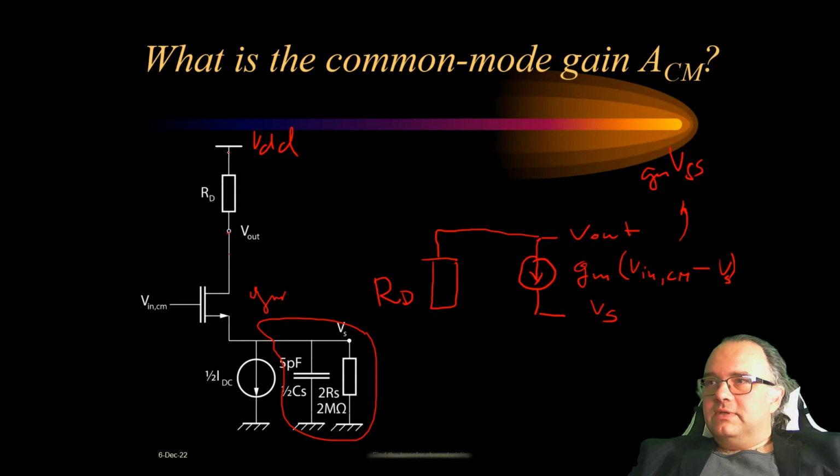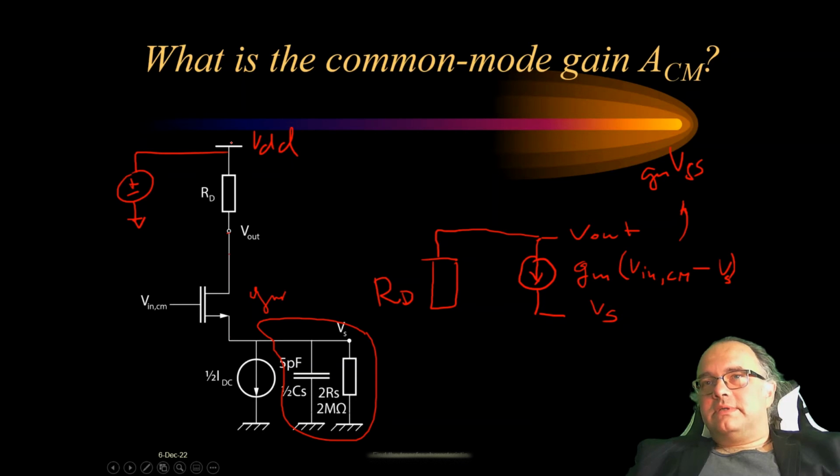Because VDD is simply a voltage source that is connected to ground and provides the power supply. And as we know, for small signals we substitute the independent voltage sources, for example VDD, with a short circuit. So we just connect it. Hence, VDD becomes small signal ground.